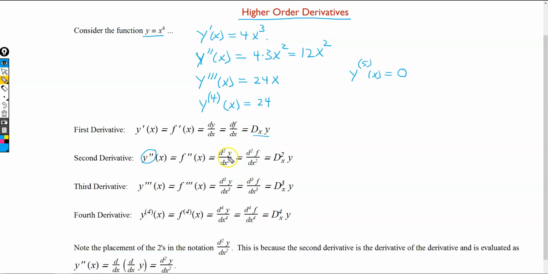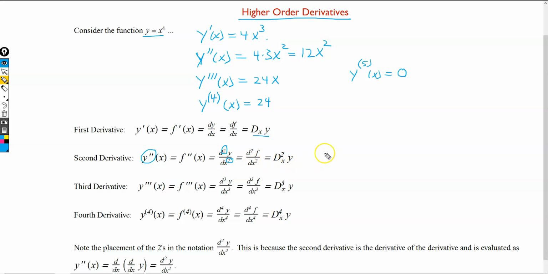Now you also see this notation. Notice we have d squared dx squared of y, or d squared dx squared of f. Notice the location of the 2's, how the top 2 is with the d and the bottom in the denominator, that 2 is with the dx.